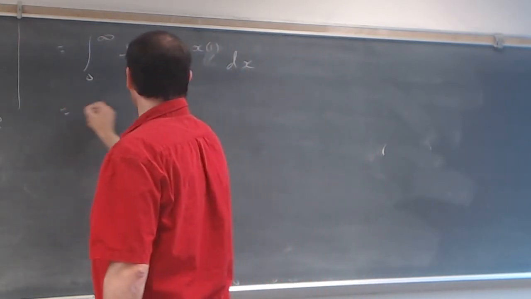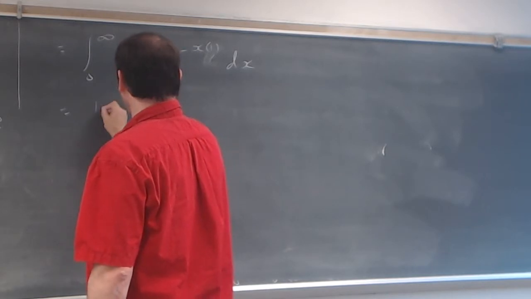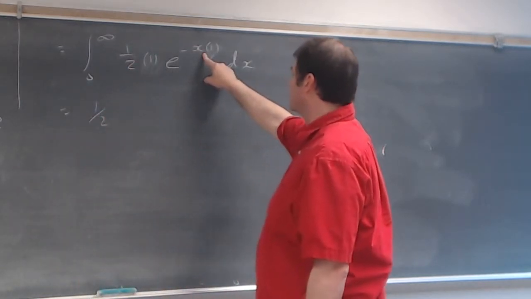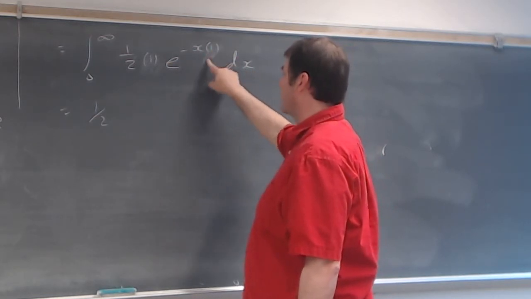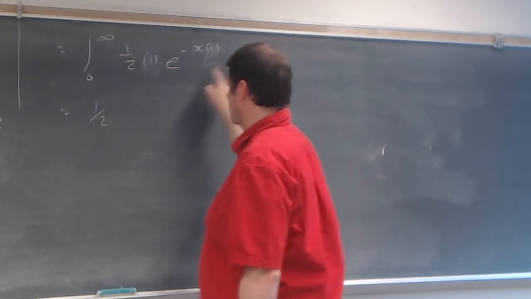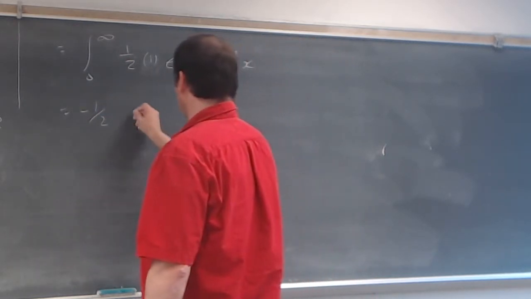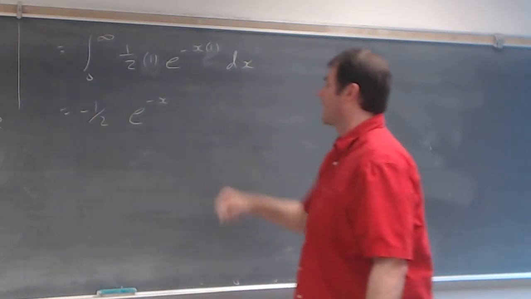And so this ends up being, here you can pull out the 1/2, e to the minus x. To integrate e to the minus x, what we need is the derivative of minus x, which is just minus 1. So I'll put a minus 1 here, to compensate for a minus 1 here. The antiderivative of this is minus 1/2 e to the minus x.